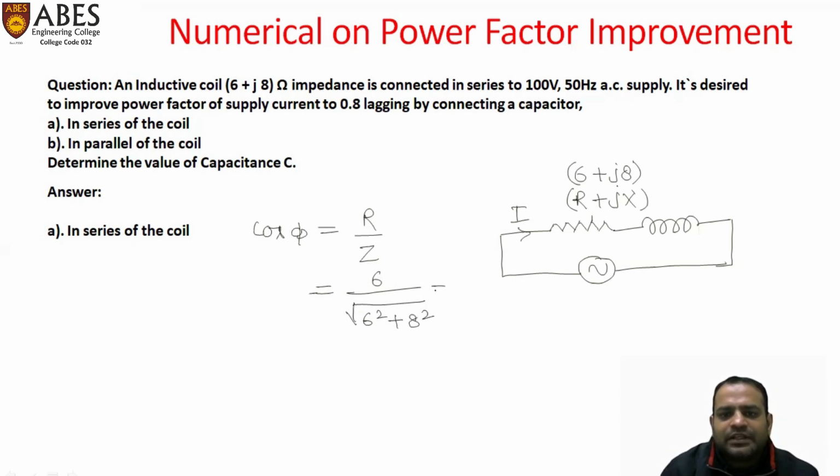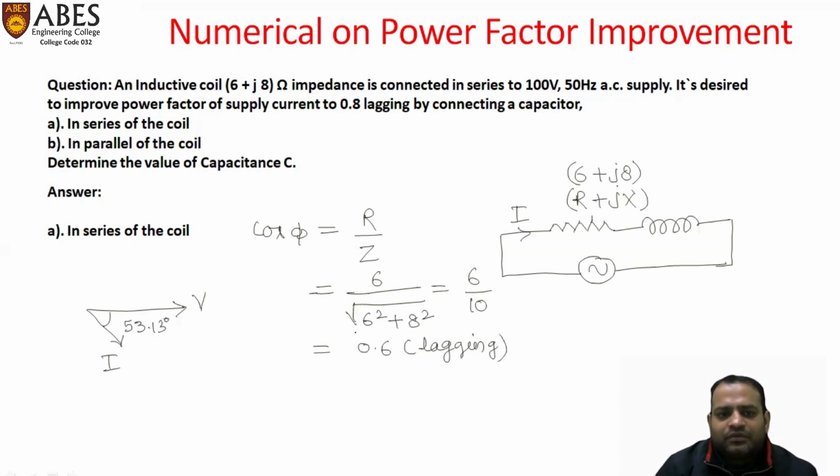So this is 6 by the square root of 100, which is 10, and this is 0.6. In case of an inductor, the power factor is lagging. What is the meaning of power factor lagging? If this is the voltage V, our current lags behind the voltage by this angle, which is 53.13 degrees right now.